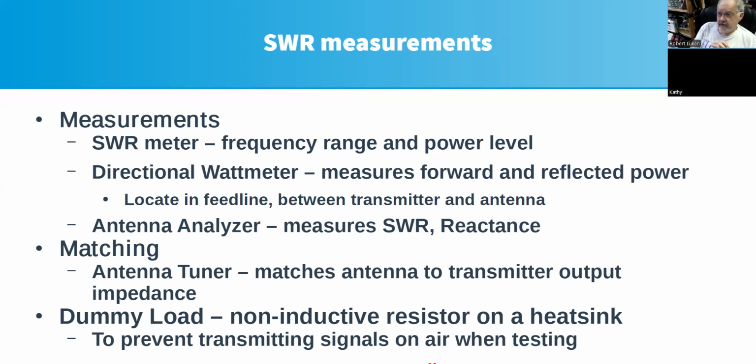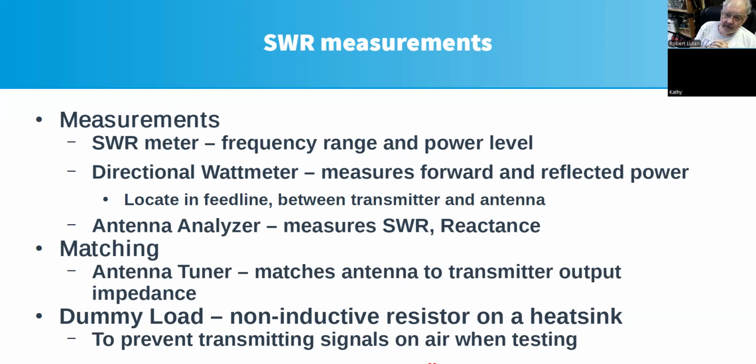Usually the analog ones are what we call a cross needle. And there's actually two analog meters. One is showing forward power and one is showing reflected power. And where those two cross, there's some scale behind it, and that'll show you what the SWR is. In the case of digital ones, they just have digital readouts for all three.